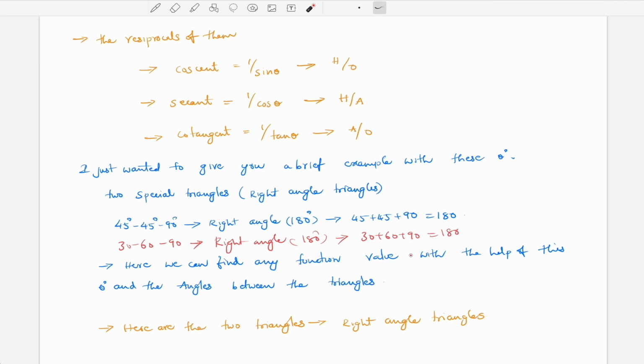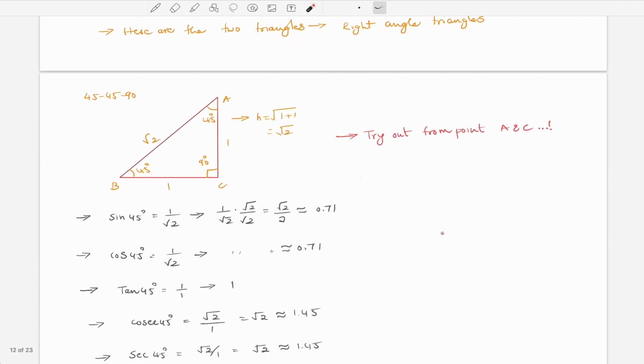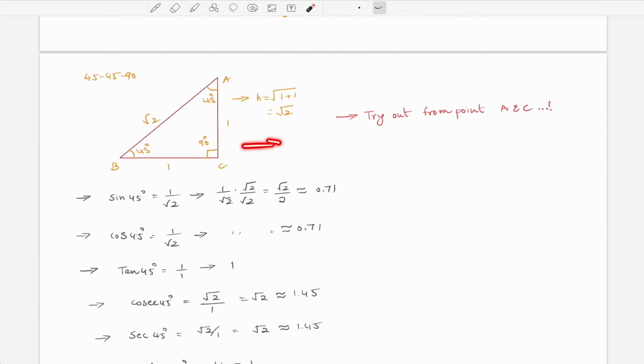So here are the two right angle triangles as we discussed. I'm going to give the first example. The first right angle triangle has 45 degrees here, 45 degrees here, and 90 degrees here.